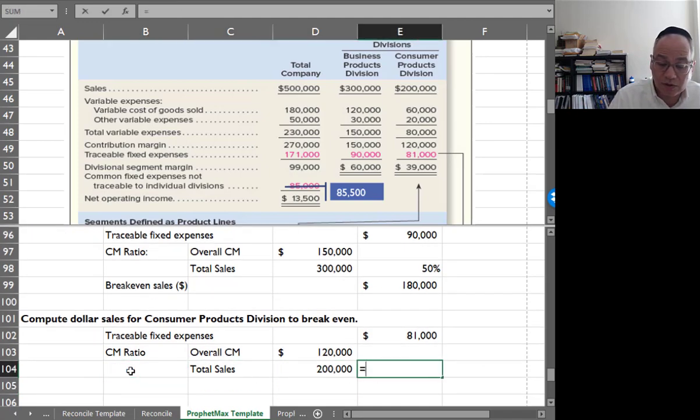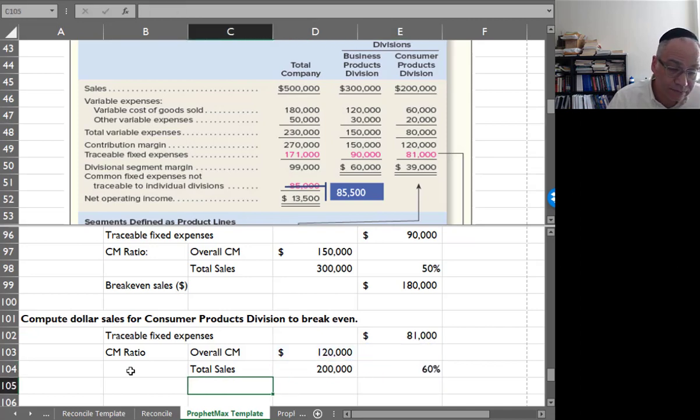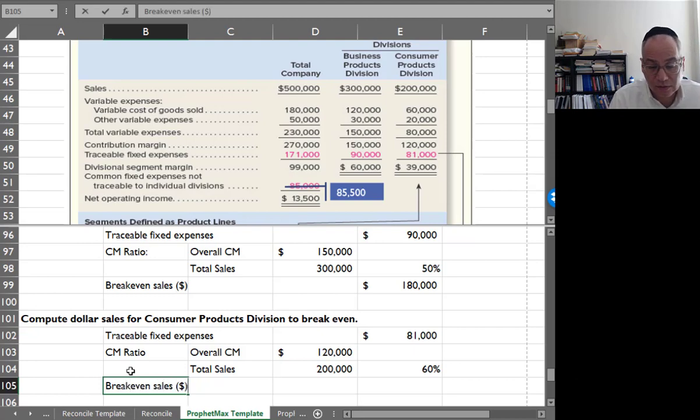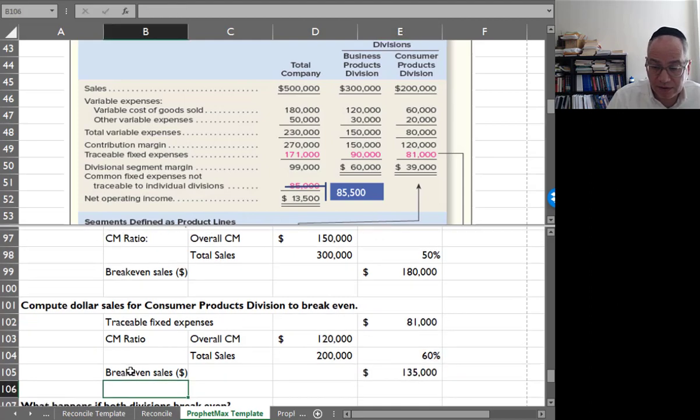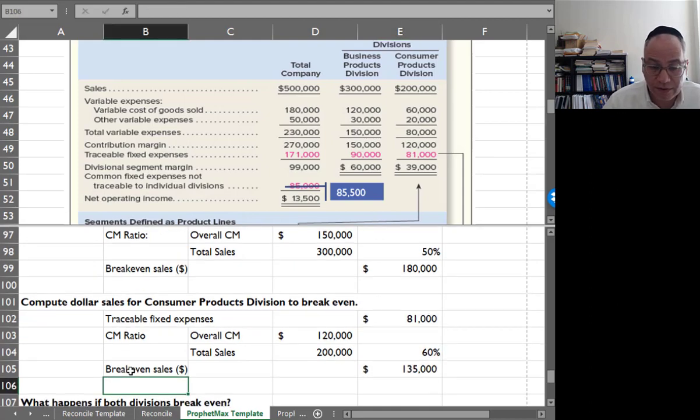So the contribution margin ratio in that division happens to be 60%. So my break-even sales for consumer products would be 81,000, that's traceable fixed expenses, divided by 60%, or 135,000.